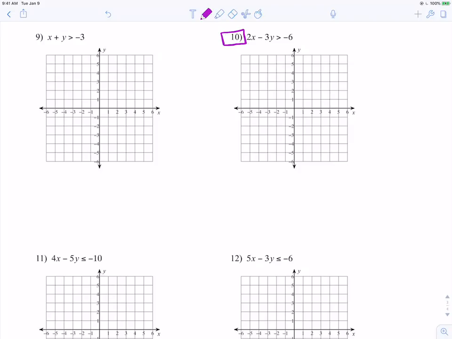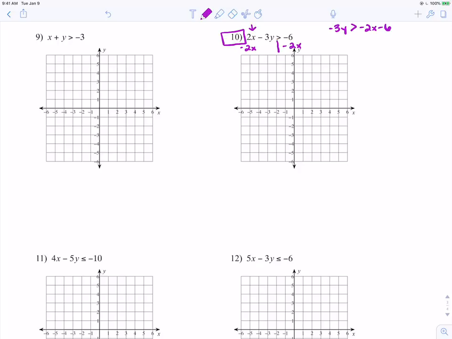I see that I have 2x and negative 3y. The 2x is positive, so we will subtract 2x from each side of the inequality symbol, and I'm left with negative 3y is greater than negative 2x minus 6.